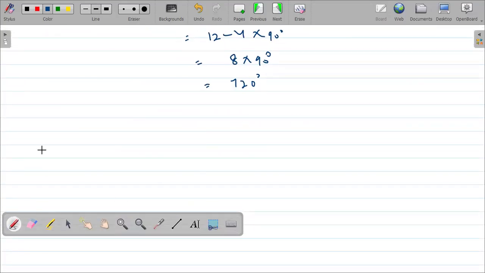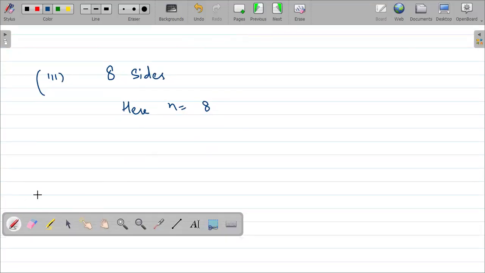Let's move further. Third part, number of sides, 8 sides. If the number of sides of a polygon is 8, what will be the sum of the angles of a polygon which has 8 sides? Therefore the required sum would be 2 into 8 minus 4 into 90 degrees.